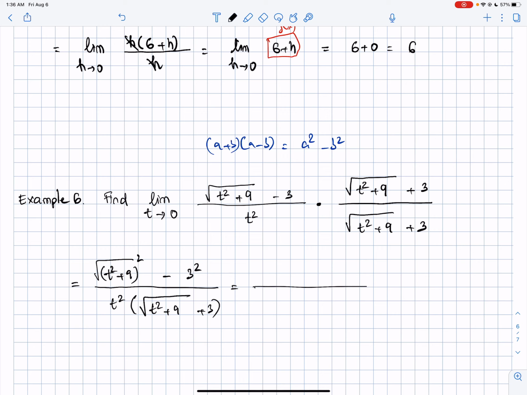Then it will equal t squared plus 9 minus 9. So you can cancel the 9, right? And t squared times the square root of t squared plus 9 plus 3. You see t squared and t squared, you can cancel more. So you get 1 on the top.